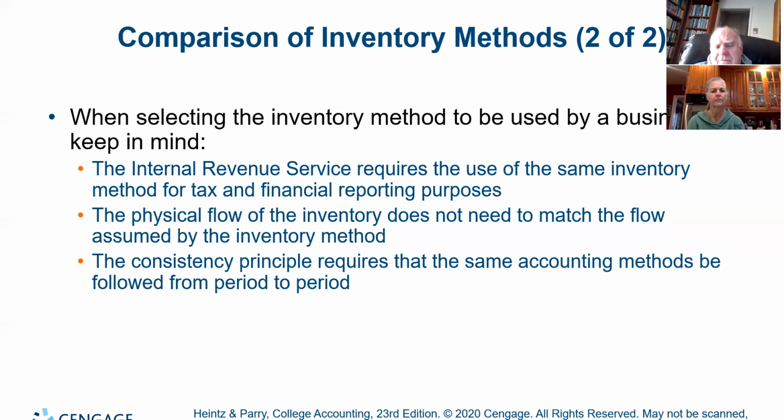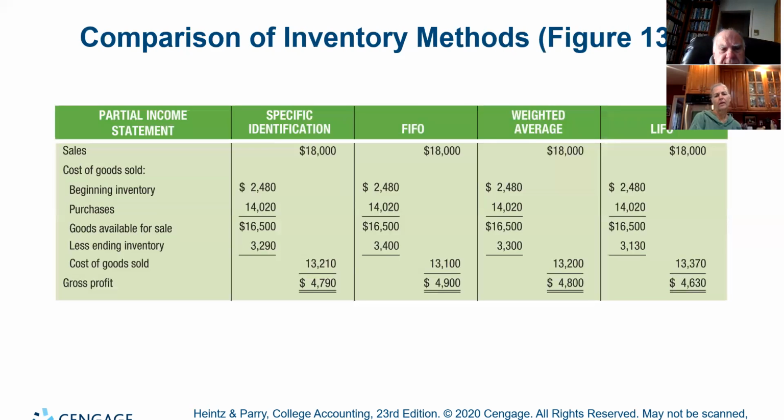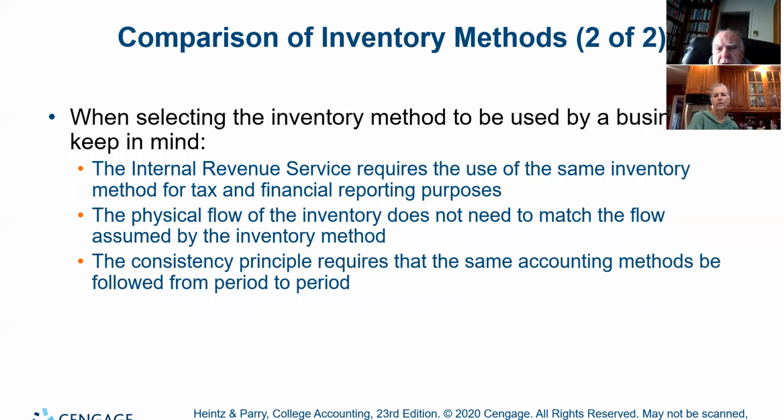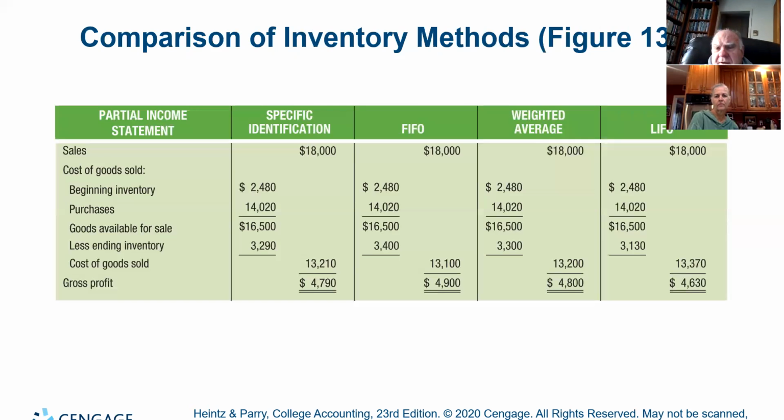If you want to go to LIFO or FIFO, you may have to restate the prior year's financials in order to have consistently stated financial reports, okay? So you can't go from one to another. Not every month, no. You have to make an announcement that you're going to do it. And then there's all kinds of requirements from the SEC about what you need to do to affect the change.